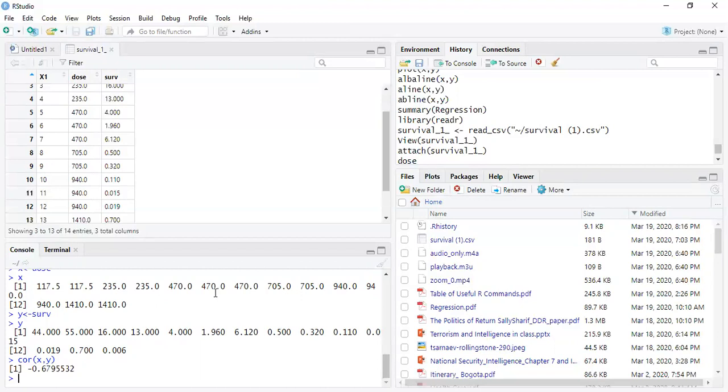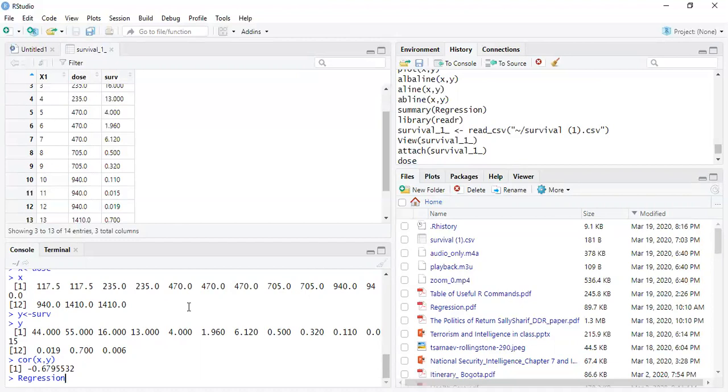So what happens next? We see that there's a correlation between these two, and it happens to be negative. So what we might want to do is a deeper regression analysis. We'll call it regression, just so you remember it.